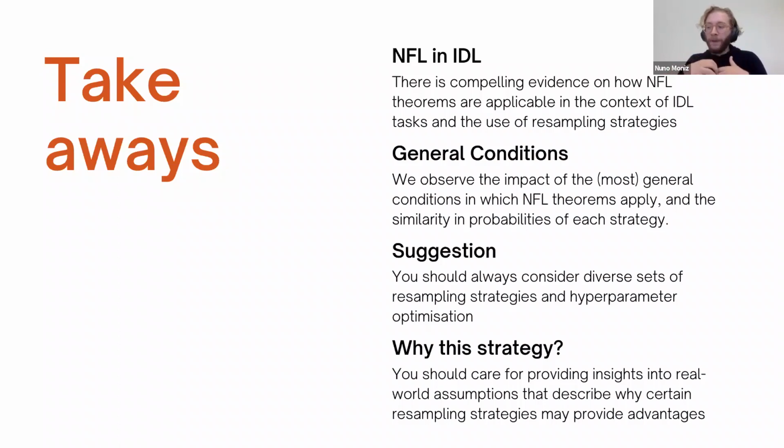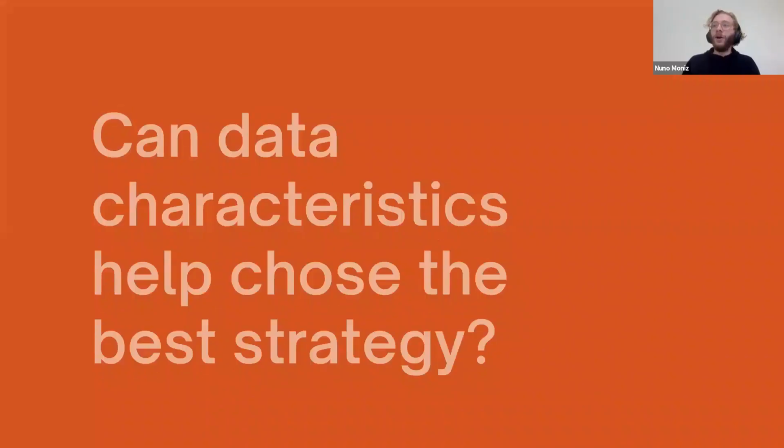The no free lunch theorems don't say that in a certain domain or task there's no way you can have an algorithm that will always be the best. That's not it. What it says is that when you look at the bulk of possible problems, the most general conditions, there's no way that you can say that a certain algorithm will be the best, simply because you can't make an assumption on the posterior.